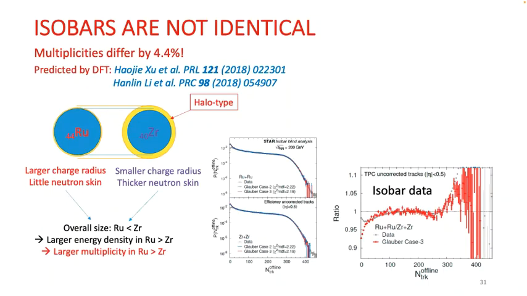And actually, if you take the ratio of the multiplicity distributions, you get something like this, the gray points. These are data. And actually, the DFT calculation with a Glauber model or Trento model for multiplicity production can predict the shape. Okay, and this tells me that actually the nuclear structure calculation is pretty good. It has the right ballpark effect here.